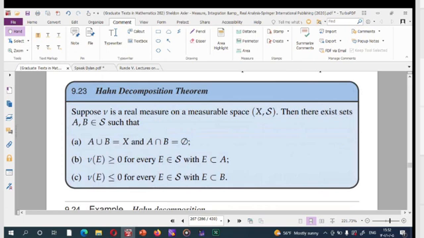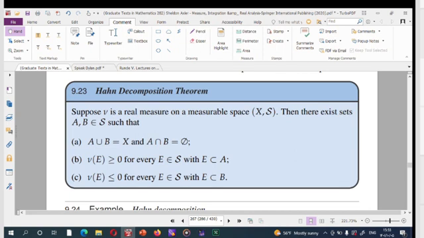Suppose mu is a real measure on a measurable space (X, S), then there exist sets A and B in S such that we have these properties.